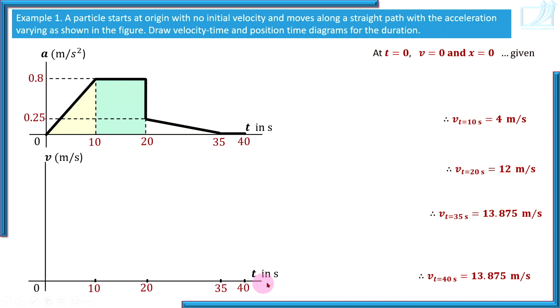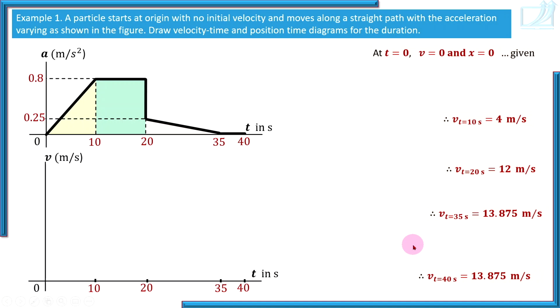Check here, I have marked all these points here. Then mark all these velocity values along the y-axis. Now listen to me very carefully. You are going to draw a freehand sketch. To get the correct shape of the curve, you should mark these points by taking care of proportion. It doesn't mean that you should draw a to-scale diagram. It's a little time consuming.